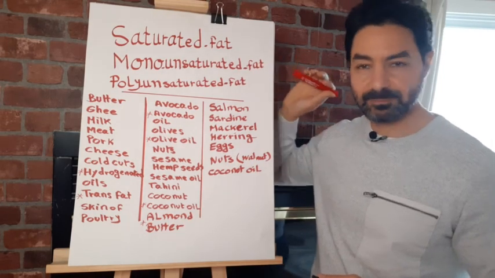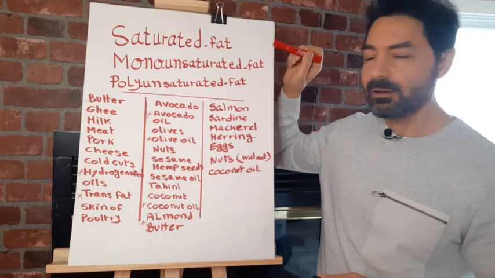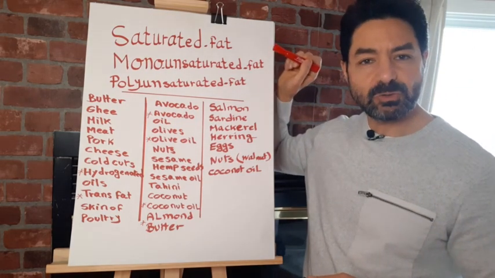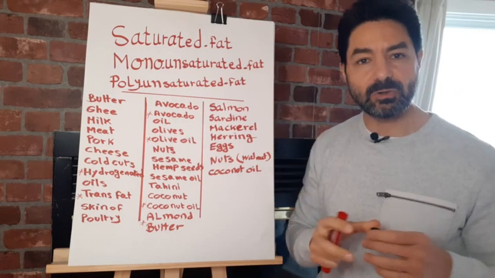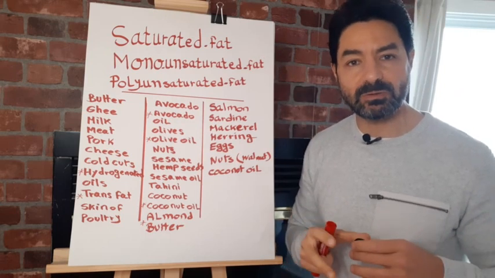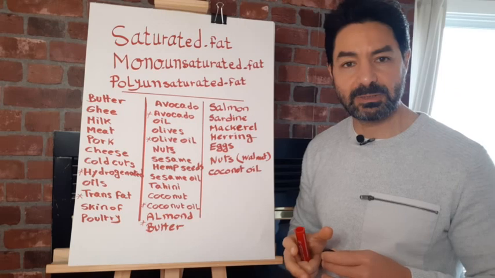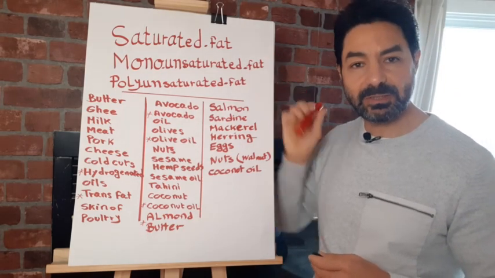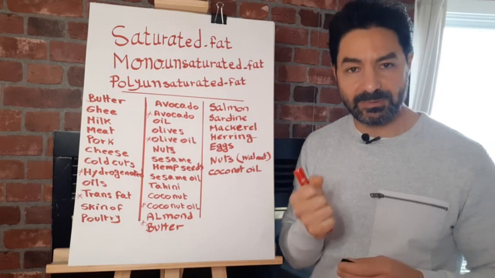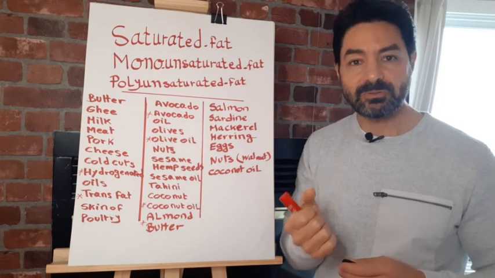What does it mean? Fat consists of molecules of carbon. When it's classified as saturated, it means these molecules of carbon are combined with molecules of hydrogen. How can we differentiate between saturated and unsaturated? It's the form of fat. For example, butter. Butter is saturated.